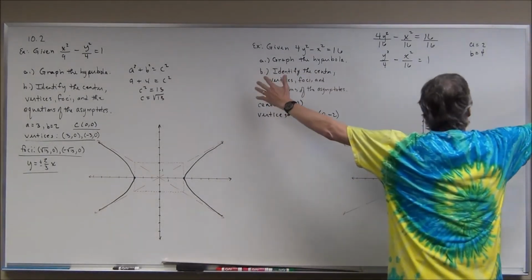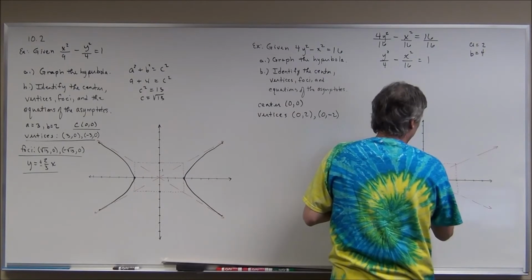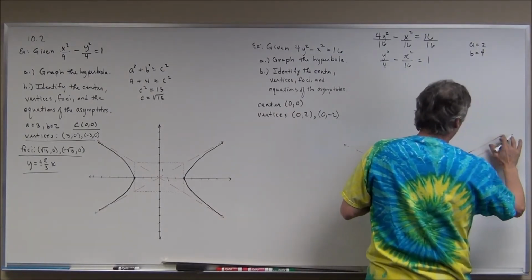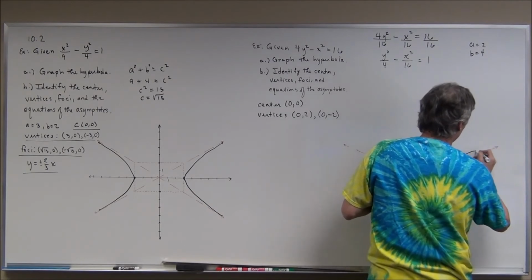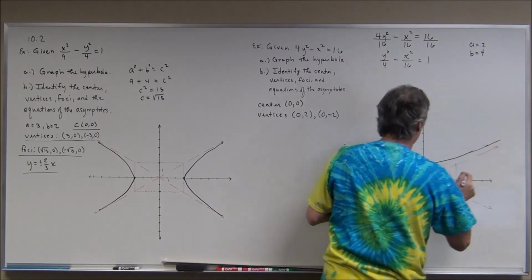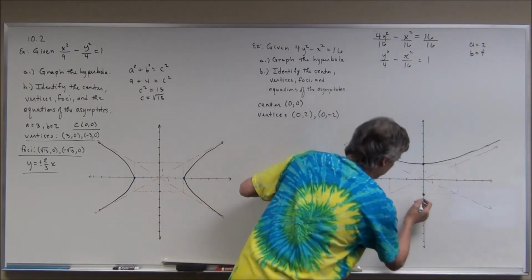Probably more out here they're going to start to really get close. So the best I can do is make it bowl shaped. I don't want it to look like it's coming back in. That's about as good.